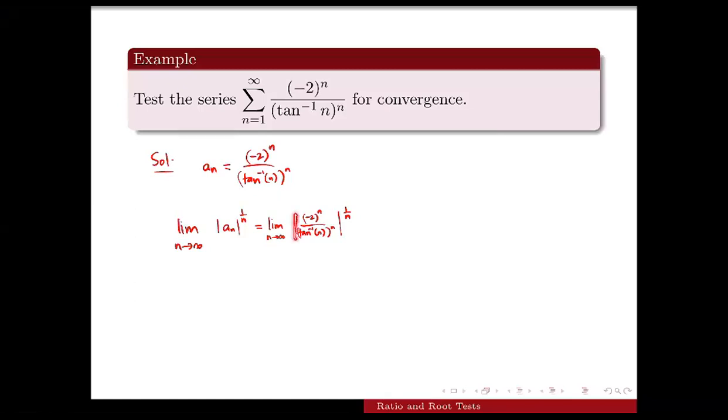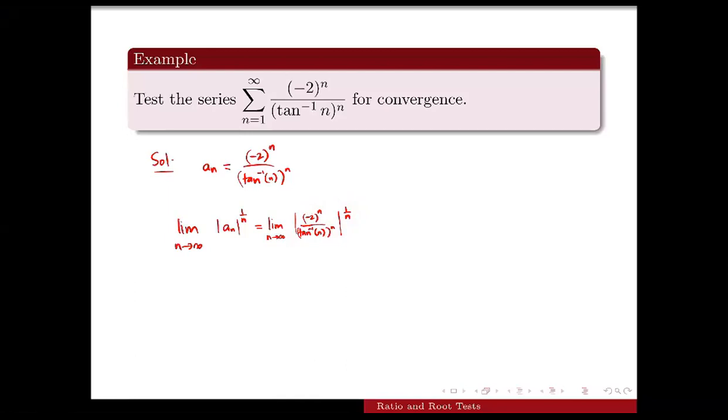The absolute value here will remove the negative here. Now you have power n here, you have 1 over n here. Here you have power n, 1 over n here.